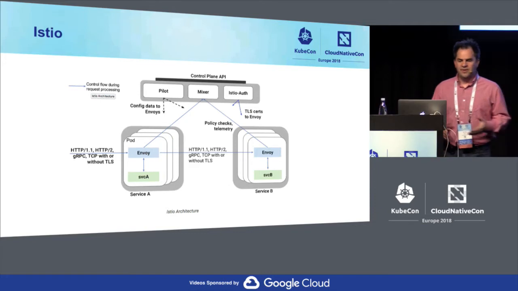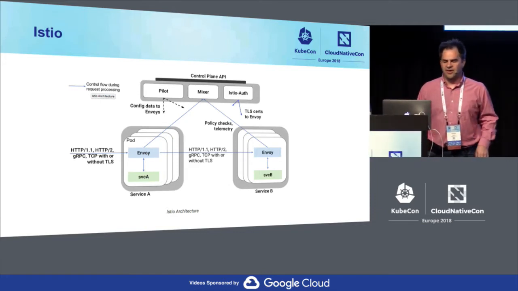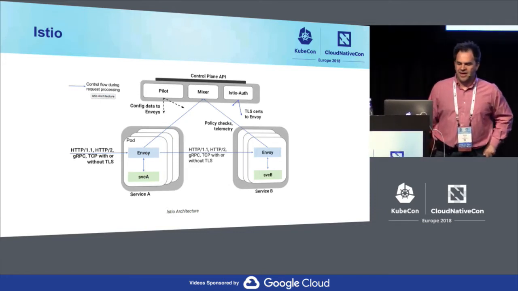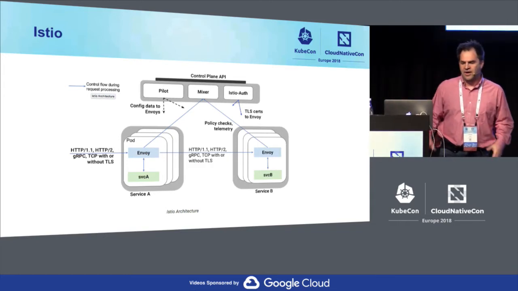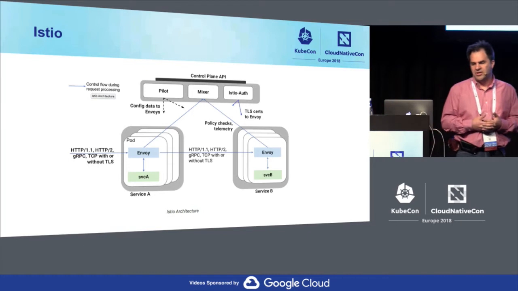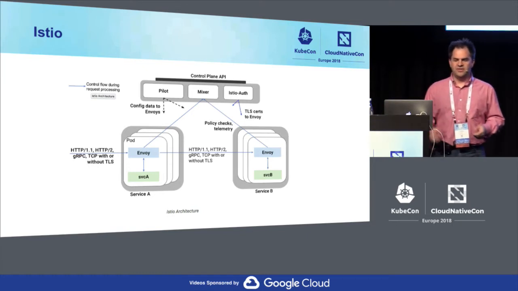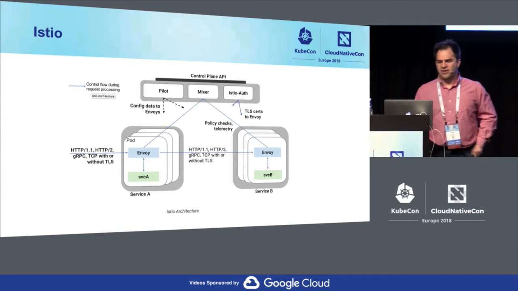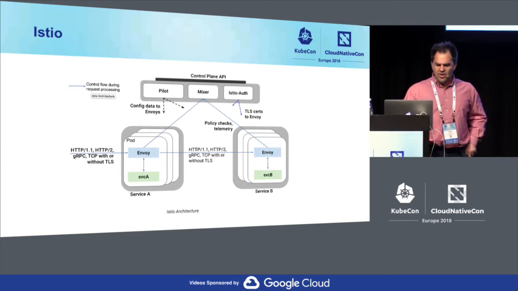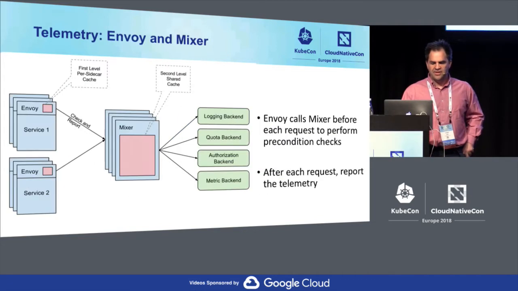Typically, the pattern is that you deploy a smart proxy alongside your services, and you have a common control plane that is responsible for distributing the configuration as well as collecting instrumentation, also providing security for each of the services.